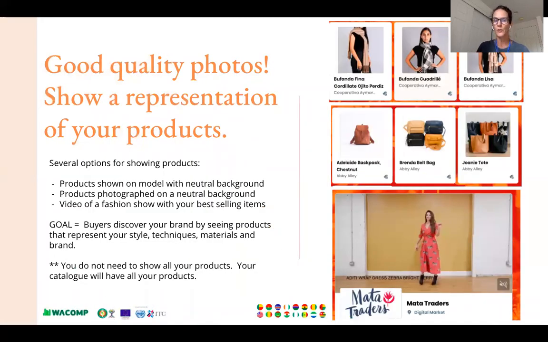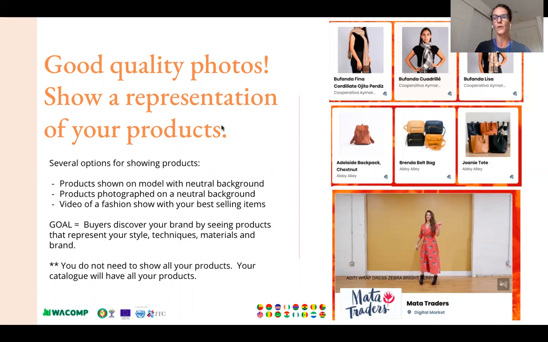In terms of showing your best products or showing new products, the most important thing is to have good quality photos. So there are several options for how to show your products, and I have examples here on the right-hand side of the screen. Let me move my picture of myself to the other corner so you can see this. One, you could have products shown on a model with a very clean or neutral background.